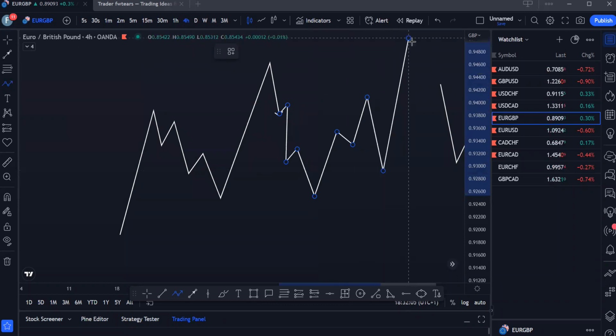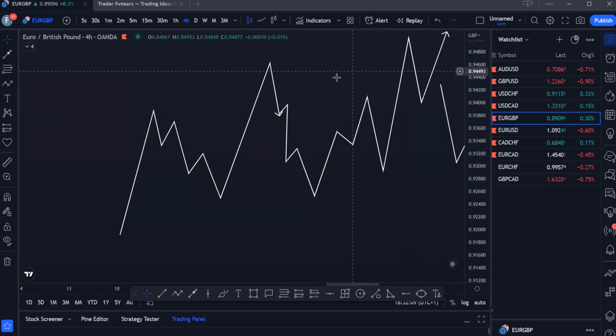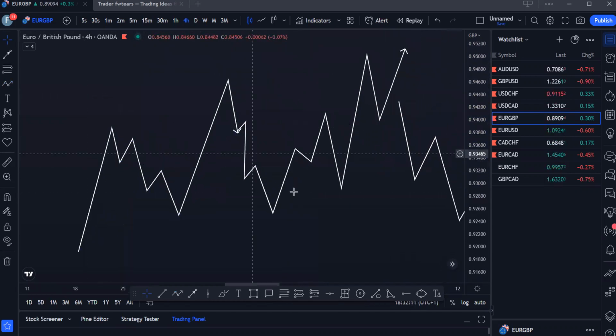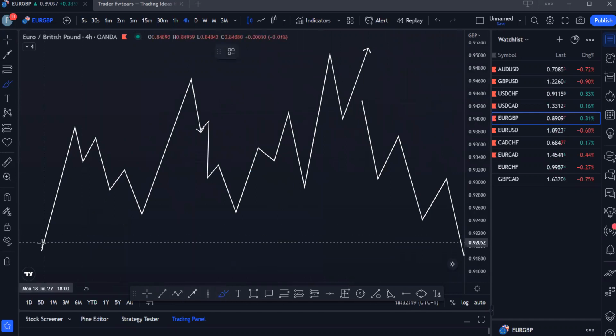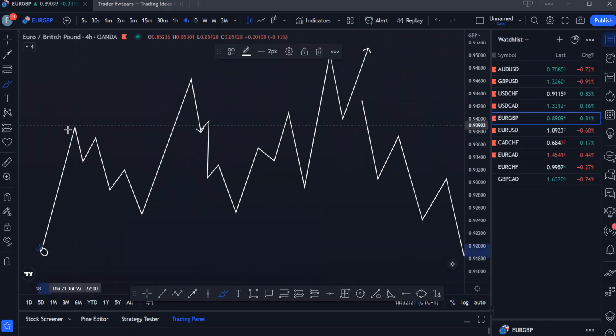All right. But ultimately, when you understand market structure, which you will go deep into what a trend is shortly, you see that ultimately these are the reversal points that we have here, which is giving us the uptrend.